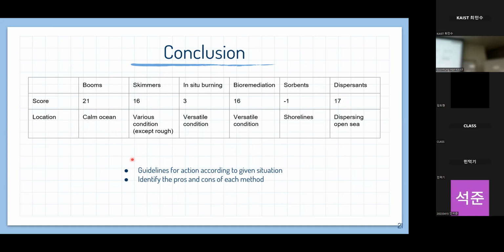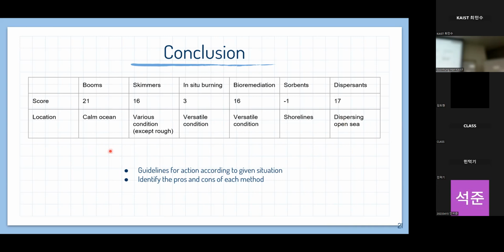It is concluded that booms are suitable for application in calm ocean, skimmers in various conditions except rough sea, in situ burning in versatile conditions except ocean, and bioremediation is the same as in situ burning. Sorbents are for shoreline and dispersant for dispersing in the open sea.